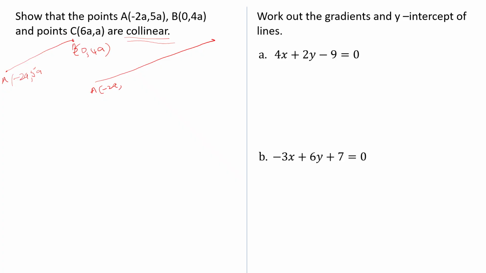A is (-2a, 5a). This is C, (6a, a). So first I'm going to calculate the gradient of AB.